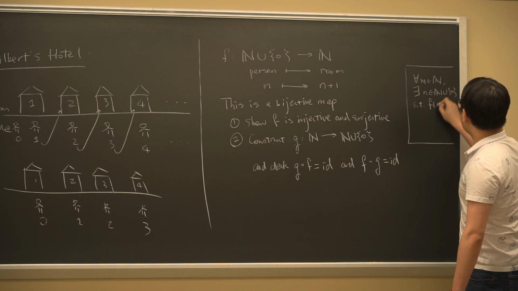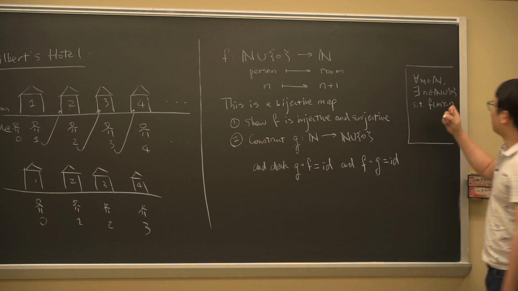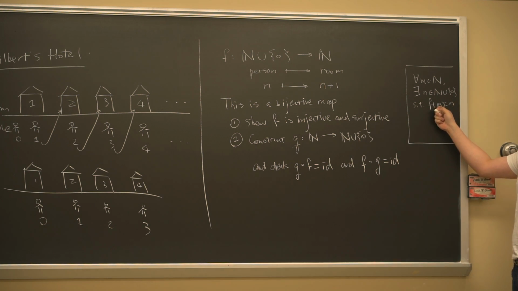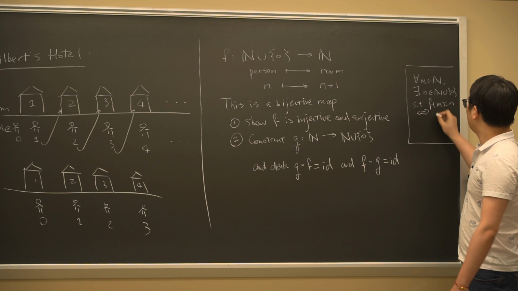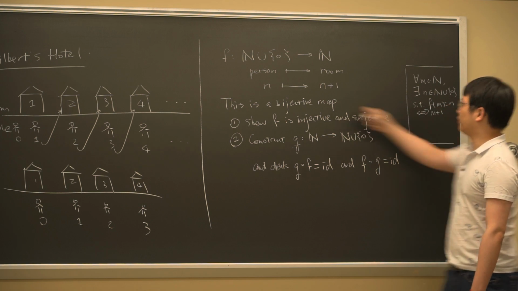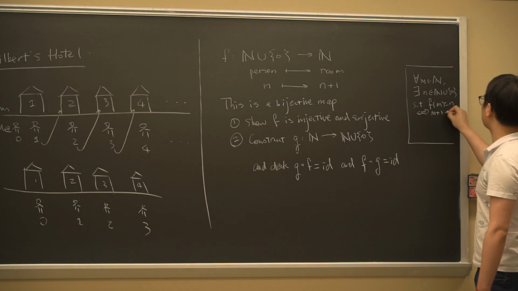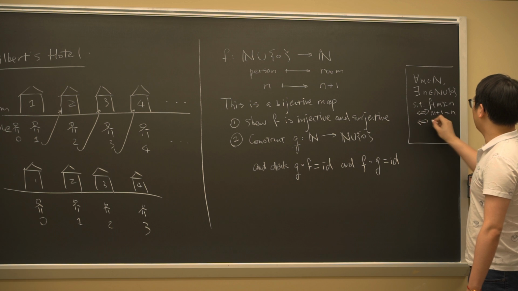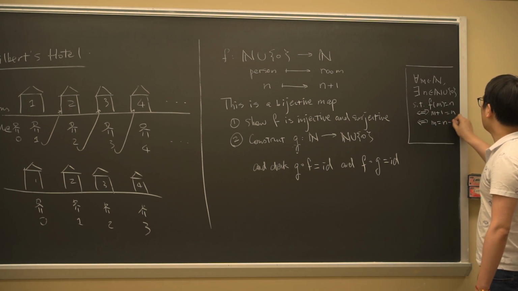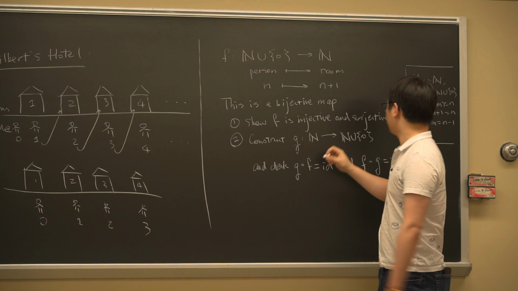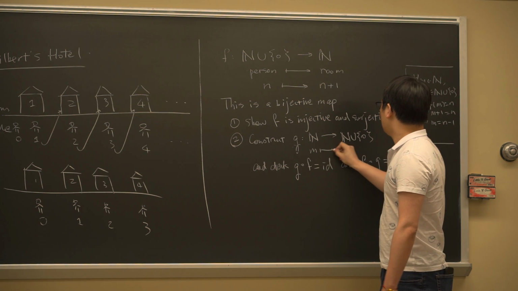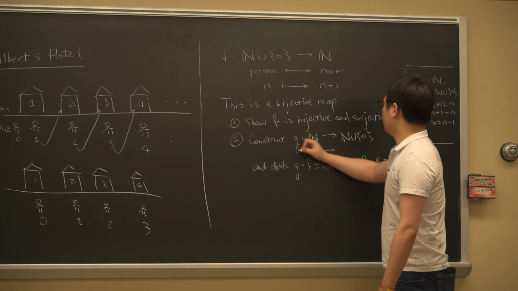So that f of m is equal to n, and we want to solve this m out using n. So which is equivalent to m plus 1, where f is sending m to m plus 1. So m plus 1 is n, which means m is n minus 1. So in this way, we can find this map out, which should send n to n minus 1.